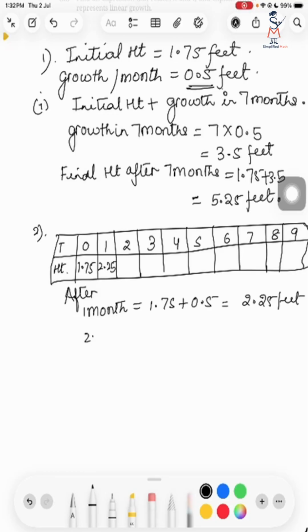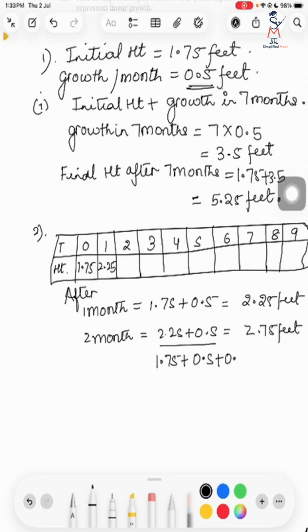Now after second month, what it will be? It will be 2.25 plus 0.5, that is 2.75 feet. Now this thing can be written in terms of initial height, that is 1.75 plus 0.5 for the first month and plus 0.5 for the second month.